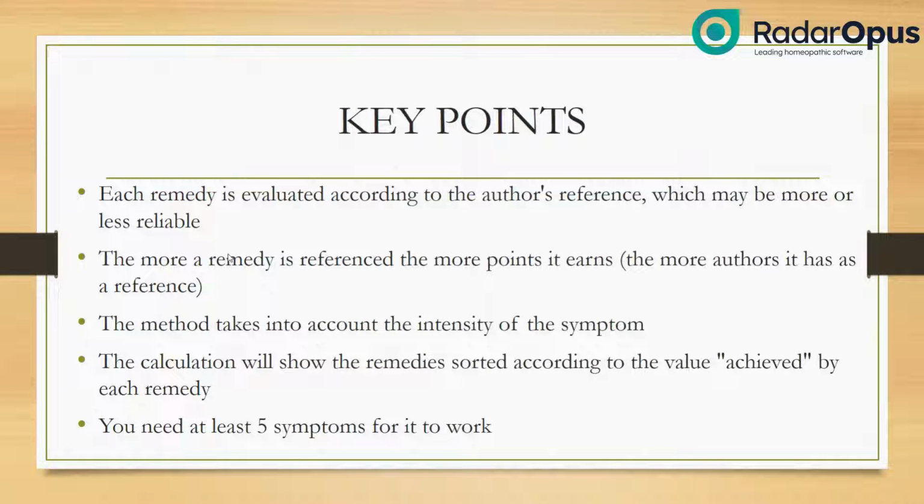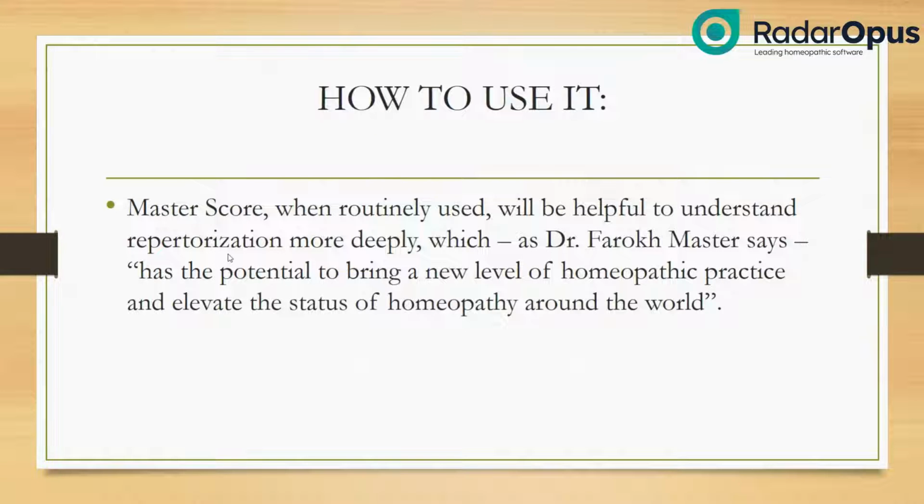This master score module also takes into account the intensity of the symptoms, and the calculation will show the remedies sorted according to the value that is achieved by each remedy. And we need at least 5 symptoms for this expert system to work. So Dr. Farooq Master says that this module has the potential to bring a new level of homeopathic practice and elevate the status of homeopathy around the world.